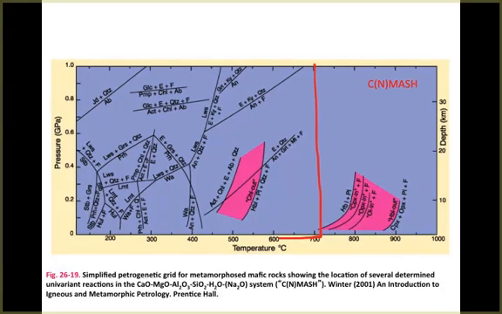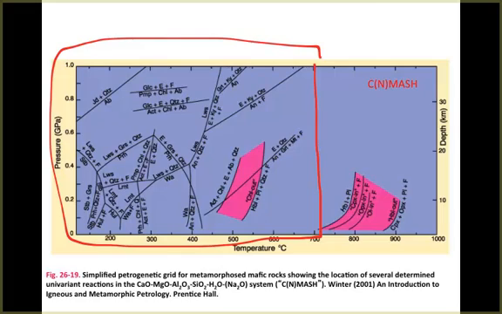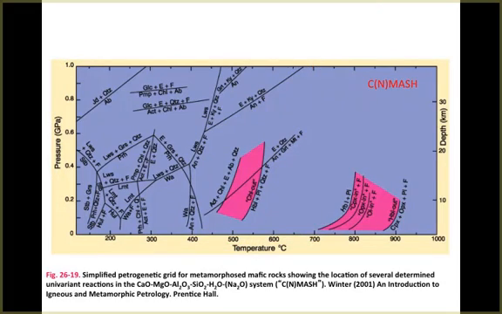So that part of this pressure temperature field. And now we've added higher temperature conditions. And what do we see there? If you look just in these reactions, we see hornblende and plagioclase breaking down to form a clinopyroxene plus a fluid. So that is your dehydration reaction. You're breaking down the hornblende to grow the anhydrous pyroxene.